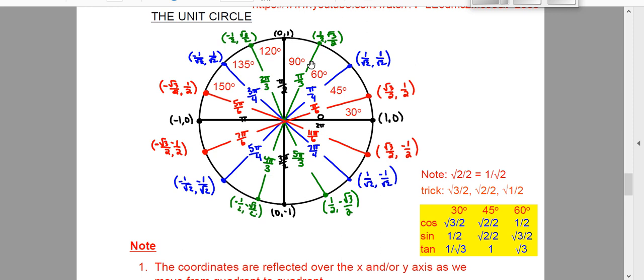Let's look at the y. The y value for this one is 1/2. The y value here going down, negative 1/2. This one is 1 over root 2 for the y value. Down here, the blue one, this one is negative 1 over root 2. So they match, except the signs are flipped.